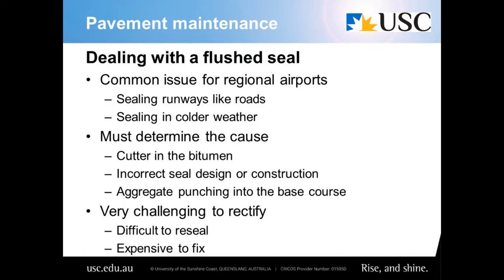It's really important where you're trying to deal with this that you understand what actually caused it as best we can, or at least have a good educated guess about what caused the flushing, because the treatment you might want is different if it was cutter in the bitumen for cold weather versus just a completely inappropriate seal design because it was safe for a road-based design, or if you've actually got your aggregate pushing into the base course underneath.